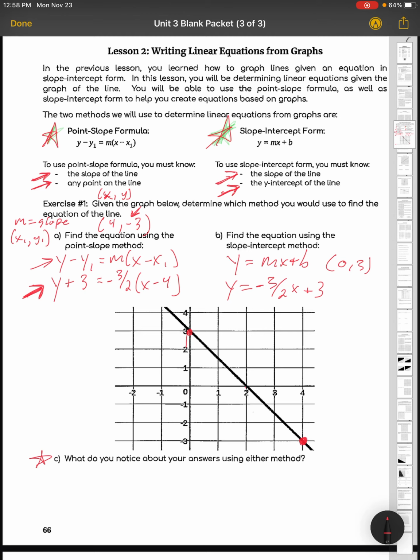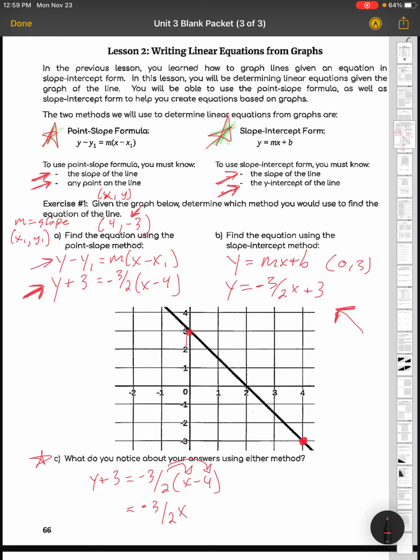So here is the slope-intercept form, and we have the point-slope method here. Now, what happens when we distribute this and get y alone? Well, if we distribute this, we get -3/2x.